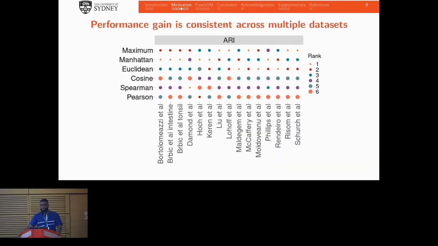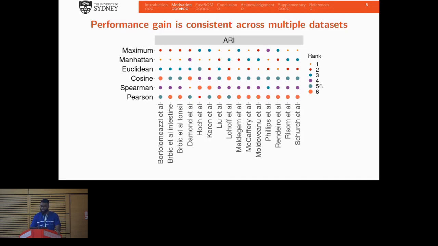The next thing was to try and figure out if this is just an artifact of one data set and one technology. Can we extrapolate to multiple data sets over multiple technologies? So we collected about 10 or 12 other data sets from different technologies, and we did the same experiment where we clustered using distance-based metrics and correlation-based metrics, and ranked their ARI scores.